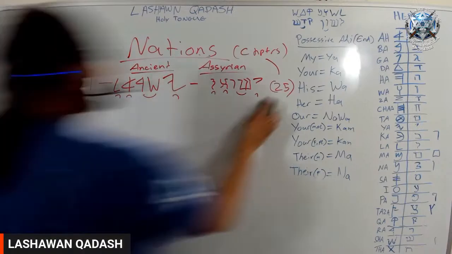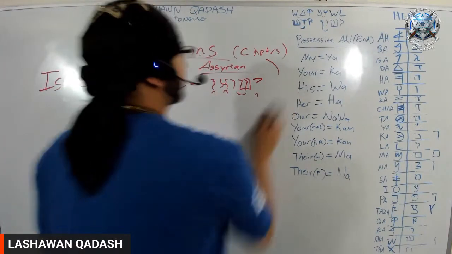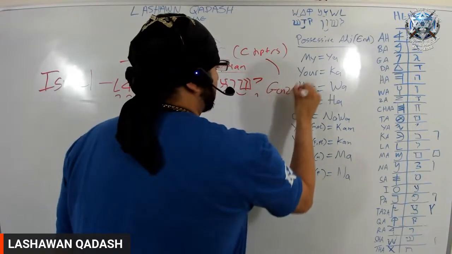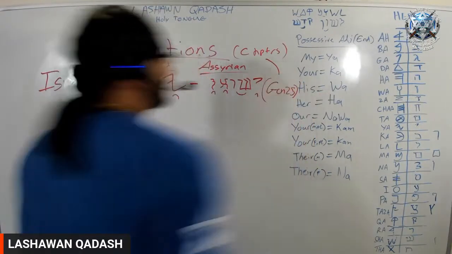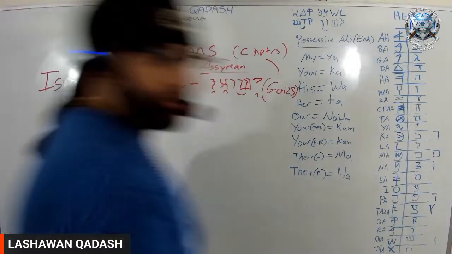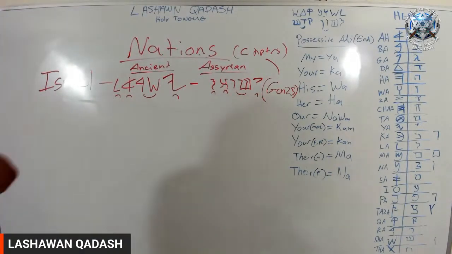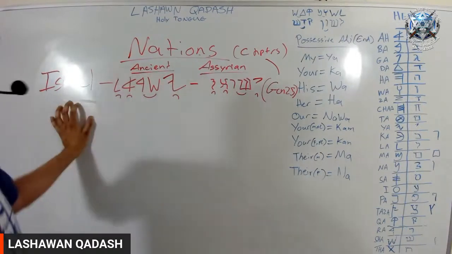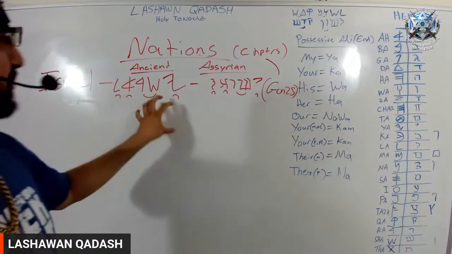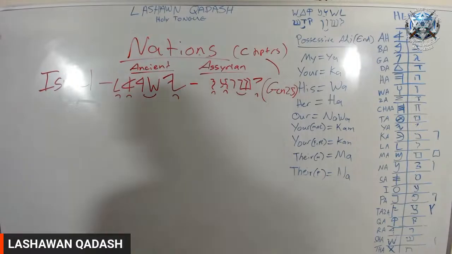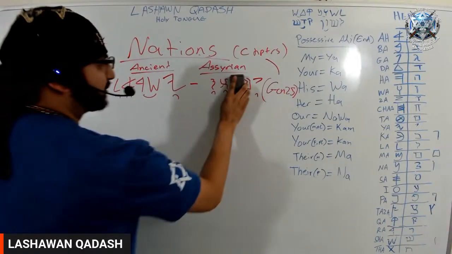My apologies, let me be more specific. Genesis 25. Do you have that written down? Basically, what you'll need to know on the test is the nation in English, dash, ancient, dash, Assyrian, and then the book and chapter.